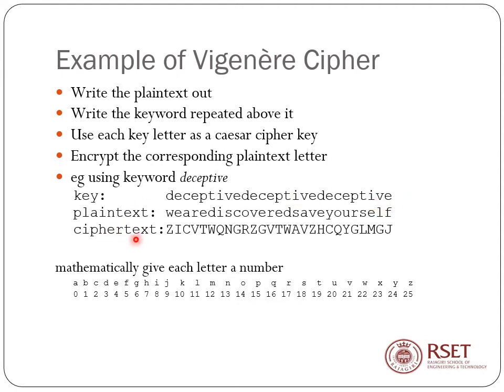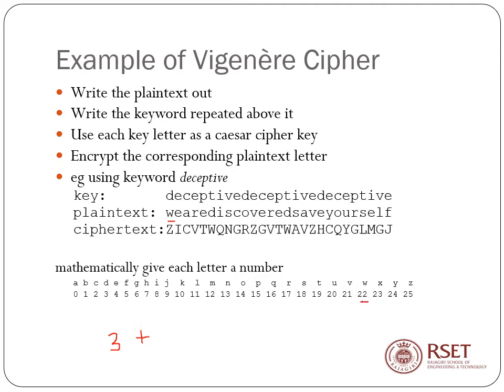Now, how will you get the ciphertext? Basically, you add the numbers corresponding to these letters and do a mod 26 operation. For easiness, I have given the substitution. D is 3. Then you add it with W. What is W?